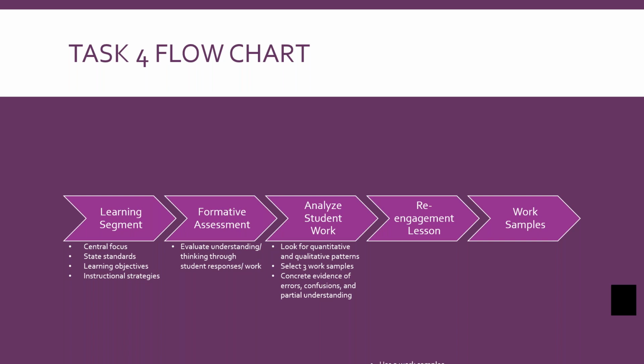Next comes the re-engagement lesson. This is a lesson that you plan. You will be using 3 student work samples from the formative assessment taught in the learning segment. You will need to set a learning objective or goal for the re-engagement lesson, and you will need to design the re-engagement lesson.